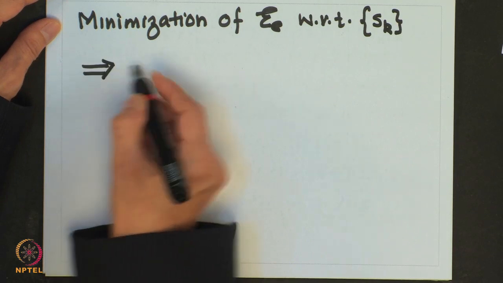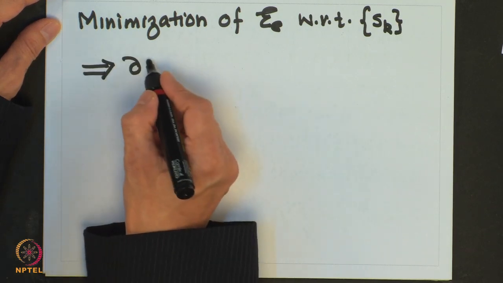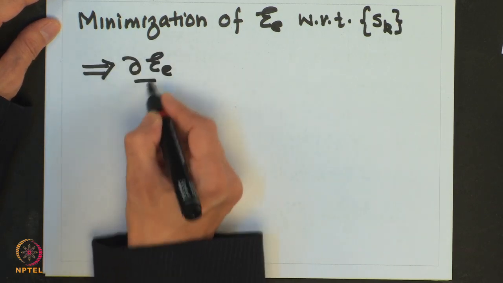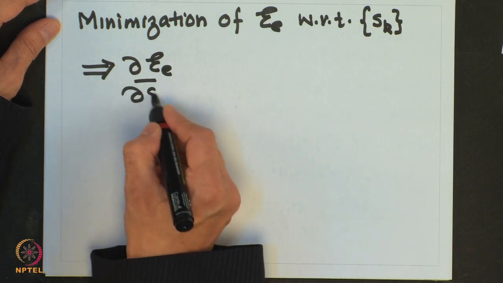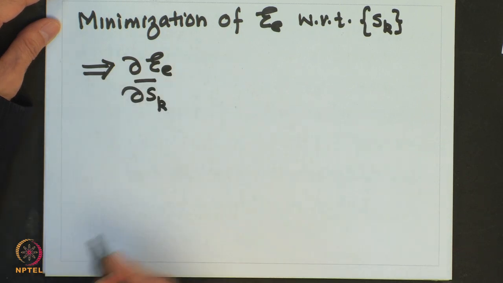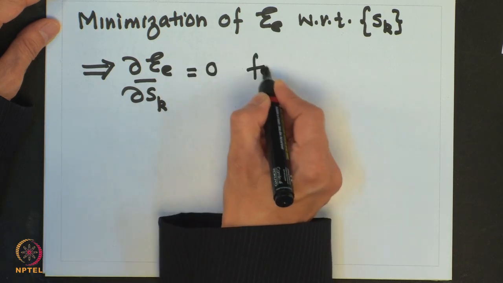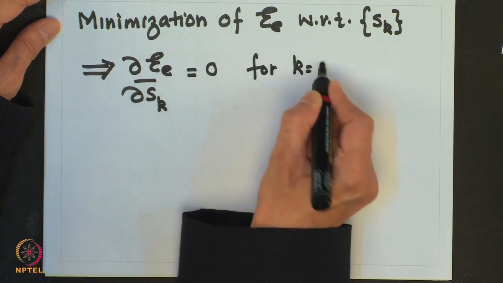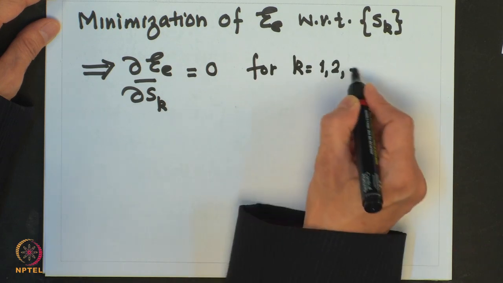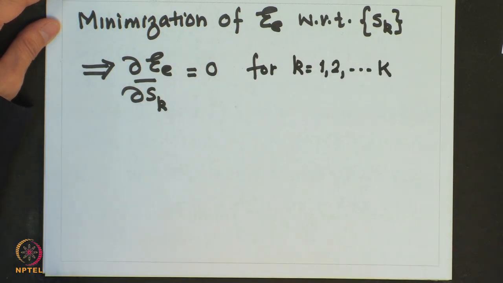So, what I have to do is take the first derivative of this energy with respect to this coefficient s_k and equate to 0. This I have to do for k equal to 1, 2 up to capital K.